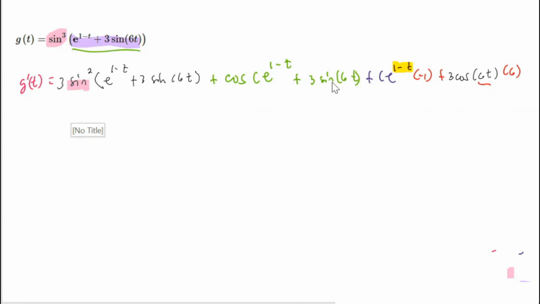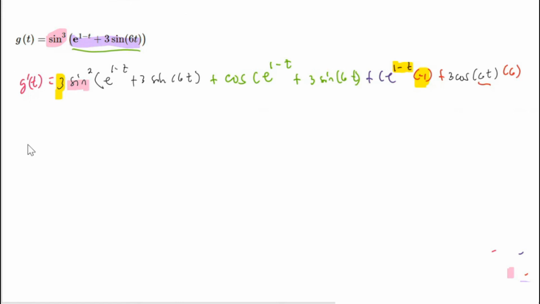Now, simplifying, the only thing I will change is the negative 1 here. I will just multiply the derivative of the exponent, negative 1, to our coefficient of 3. Or if you don't like, you can also write the negative first.